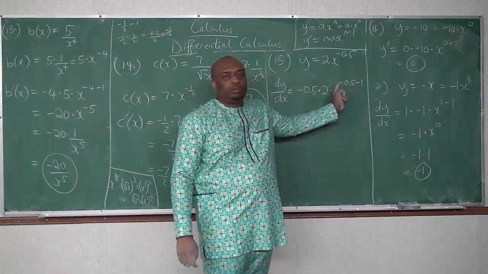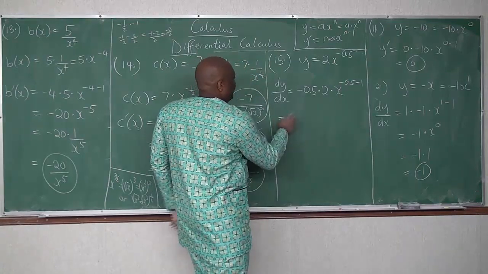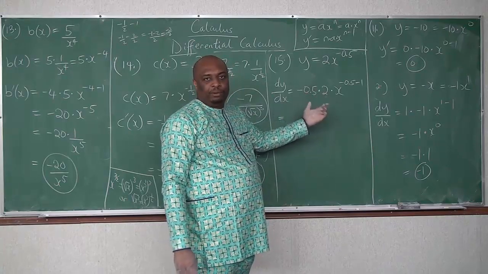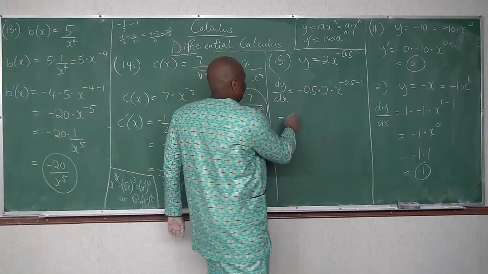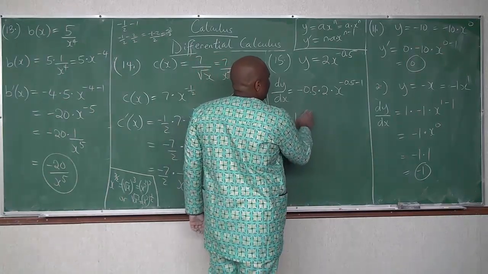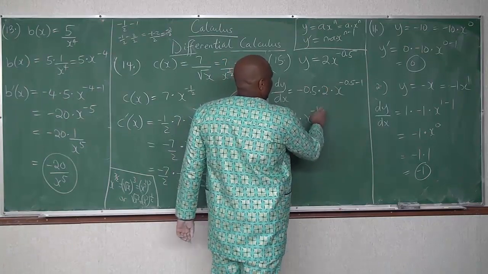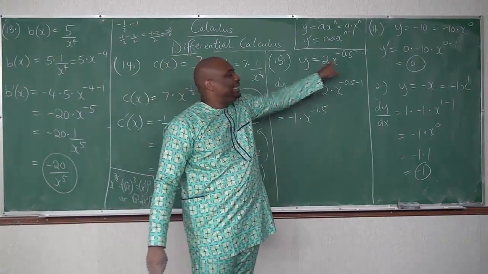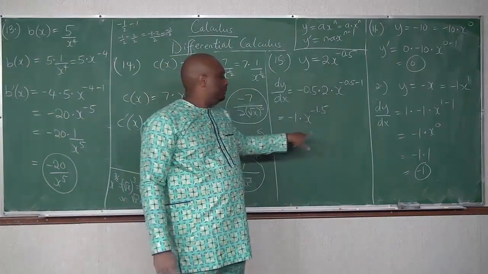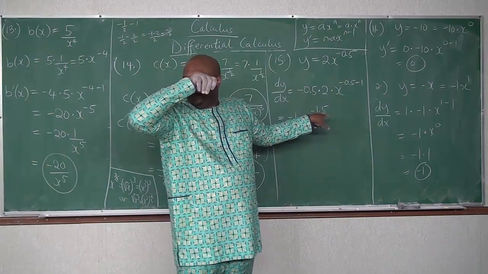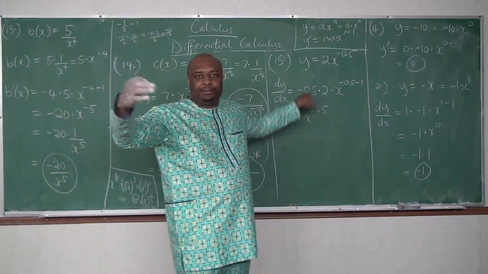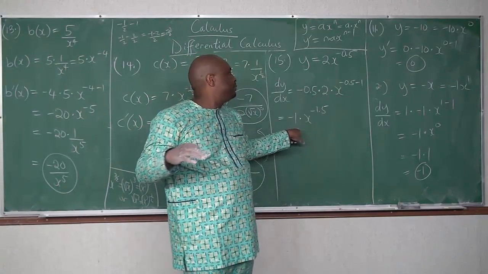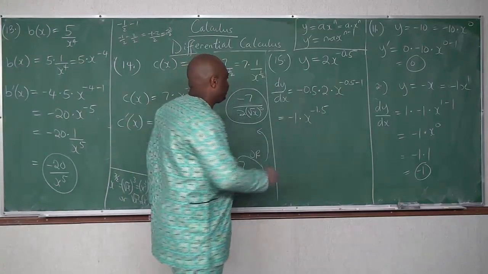Please remember to put minus 1. So this will be negative 0.5 times 2, which will give you negative 1, times x exponent negative 1.5. See that? They gave it to you as a negative exponent, so you have to give it back to them as a negative exponent.